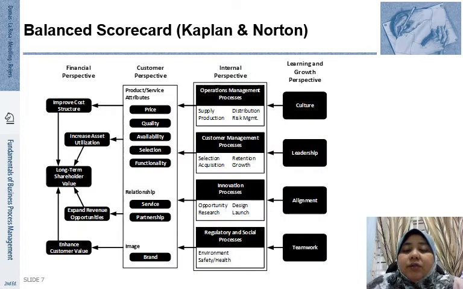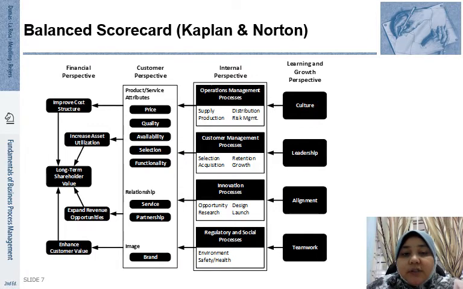Alright. So strateginya dalam organisation, dia ada banyak strategi yang kita boleh pakai. Tapi dalam textbook ni dia bagi dua sajalah. Satu ialah balanced scorecard. Dan satu lagi ada portfolio. So what is the balanced scorecard? Balanced scorecard is a strategy developed by Kaplan and Norton.